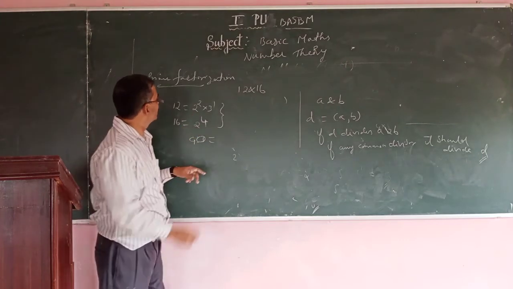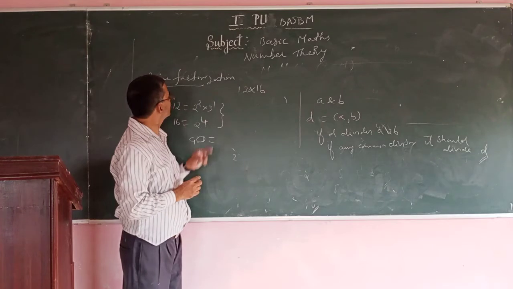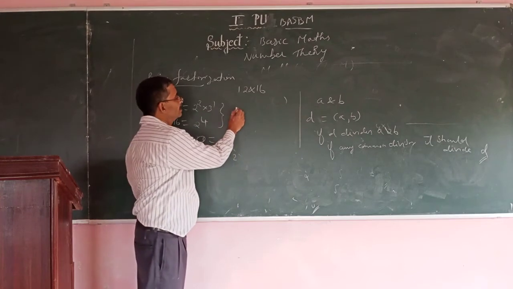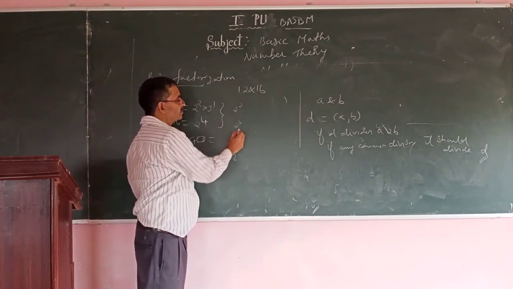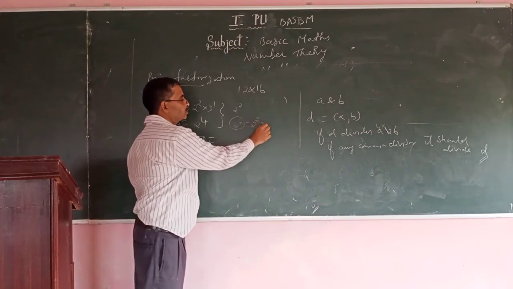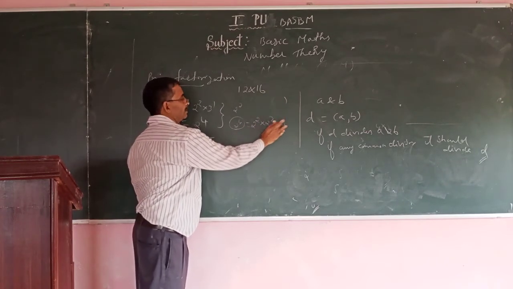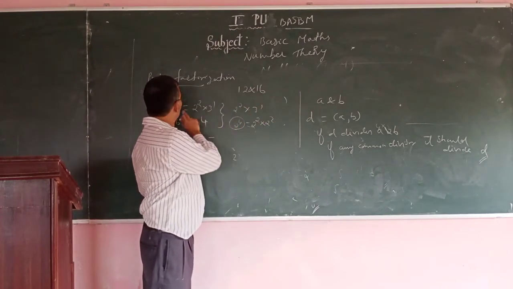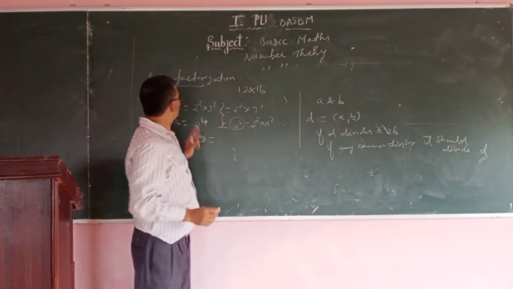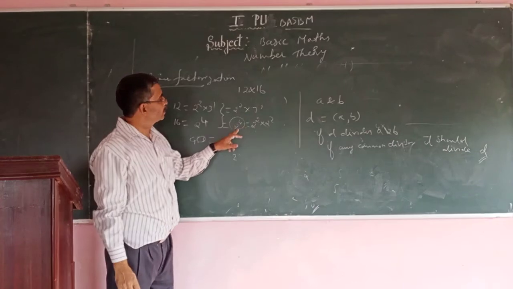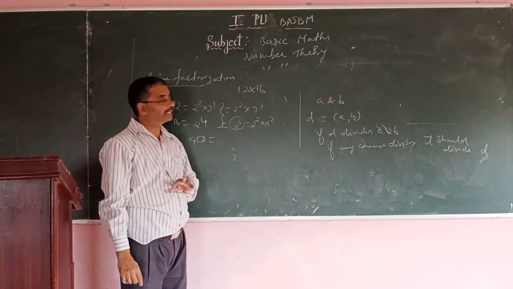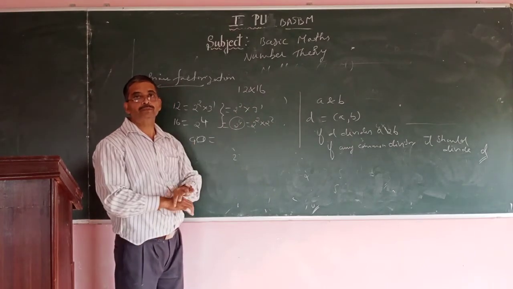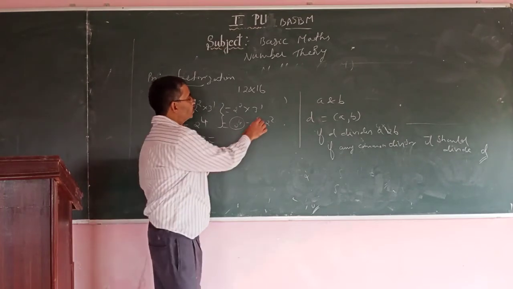For example, here 2 to the power 4 is there, here 2 square is there. 12 is 2 square into 3 to the power 1. 16 is 2 square into 2 square. So you have to take the common part, but it should be the least one. Which is the common here? 2 square is common.